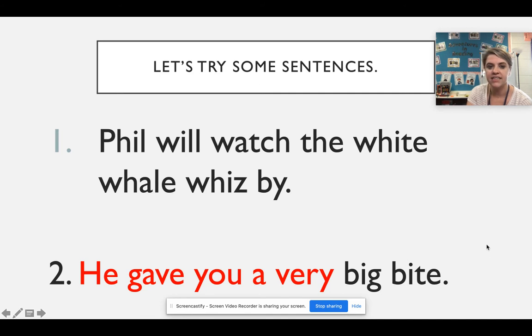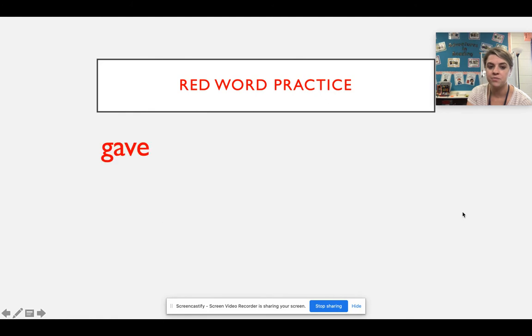All right, let's look at our red words for this week. Here we go. Our first word is gave. I want you to use your finger and write it on our table 3 times.